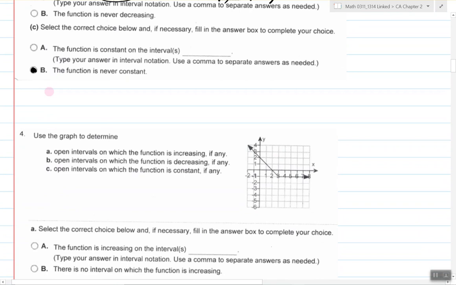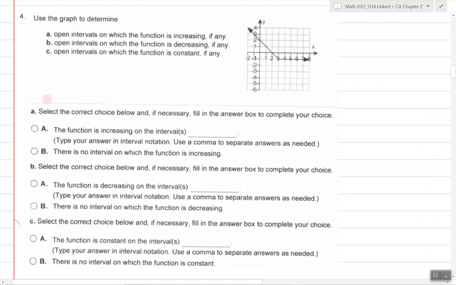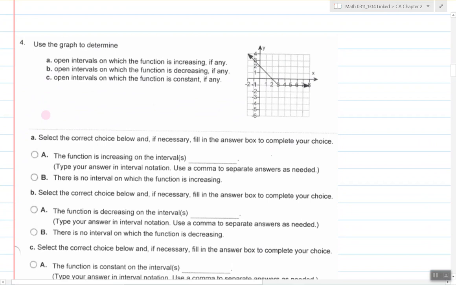All right, in our next question, we're going to continue with the discussion about increasing, decreasing, and constant. Remember, you must look at the graph along the x's. So starting at -infinity until x hits 3, what is the graph doing? It is decreasing. So I'll go here and say from -infinity to 3, it was decreasing.